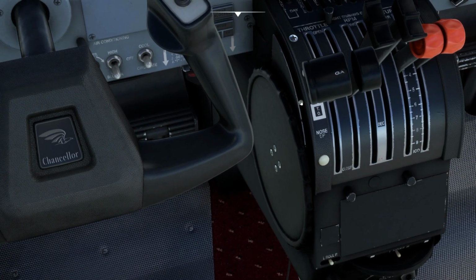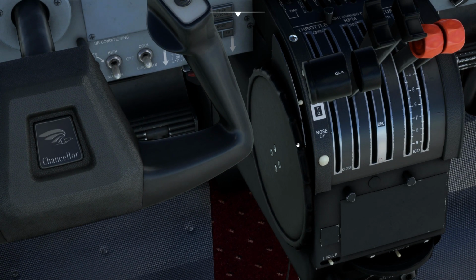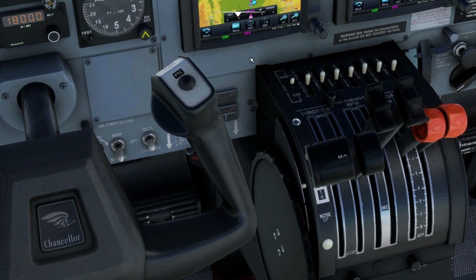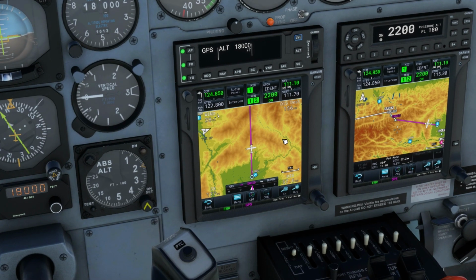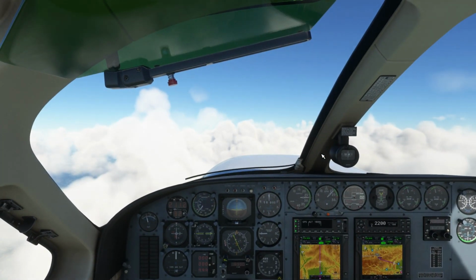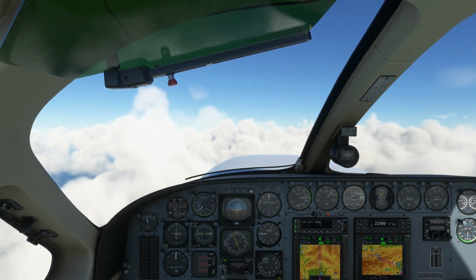Because the autopilot is driving via this, as you can see. It's changing the trim. So yeah. Okay. See you before the top of descent.